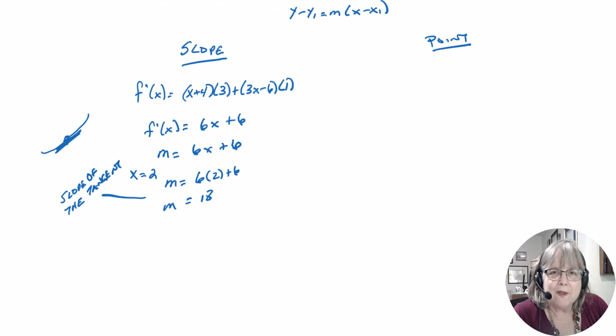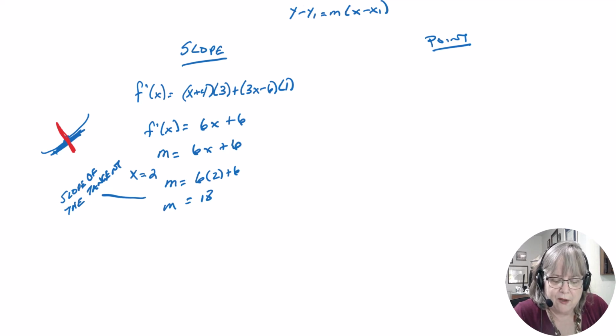Now, what's a normal? A normal is the perpendicular to the tangent. So if this is the tangent, your normal would be perpendicular to the tangent, and at that point, perpendicular to the slope of the curve, right?